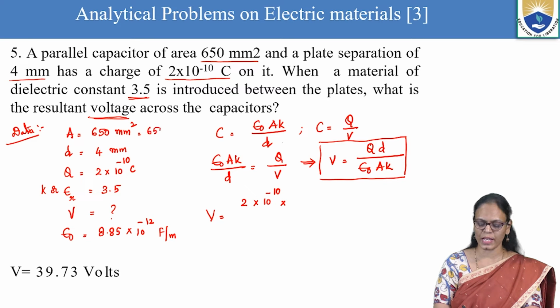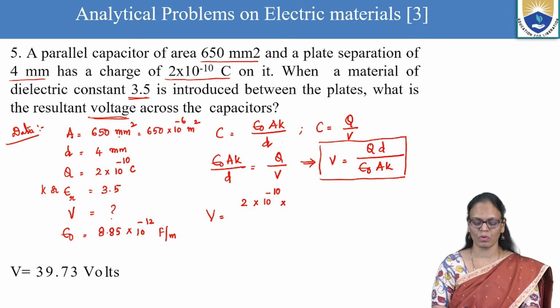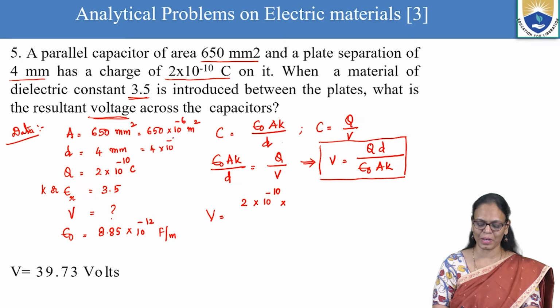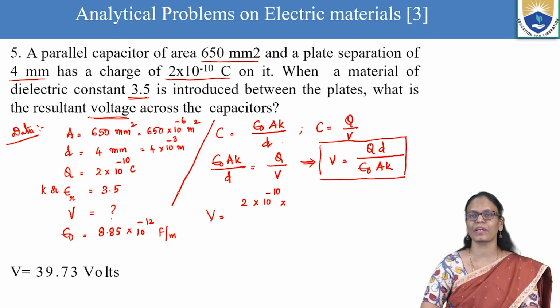So 650 into 10 power minus 6 meter square. 1 millimeter is 10 power minus 3 meter, and minus 3 whole square gives us 10 power minus 6. So 4 millimeter will be 4 into 10 power minus 3 meter. These conversions are also very important.